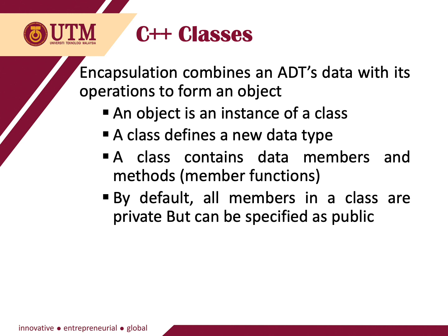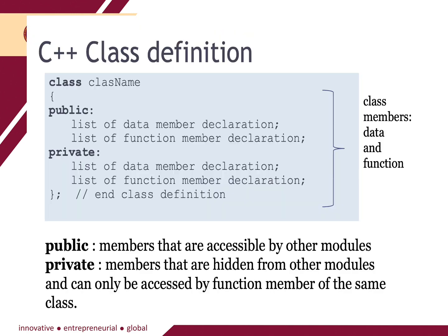An object is an instance of a class. A class defines a new data type. A class contains data members and methods. By default all the members in a class are private but can be specified as public. This is an example of a C++ class definition.